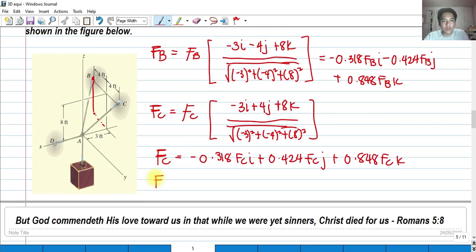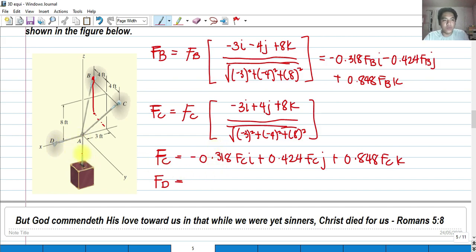How about the force F sub D? For F sub D, we cannot assume that from point A to point T the distance is 3 feet, because it's not given. But we know that this cable D only lies on the x-axis.